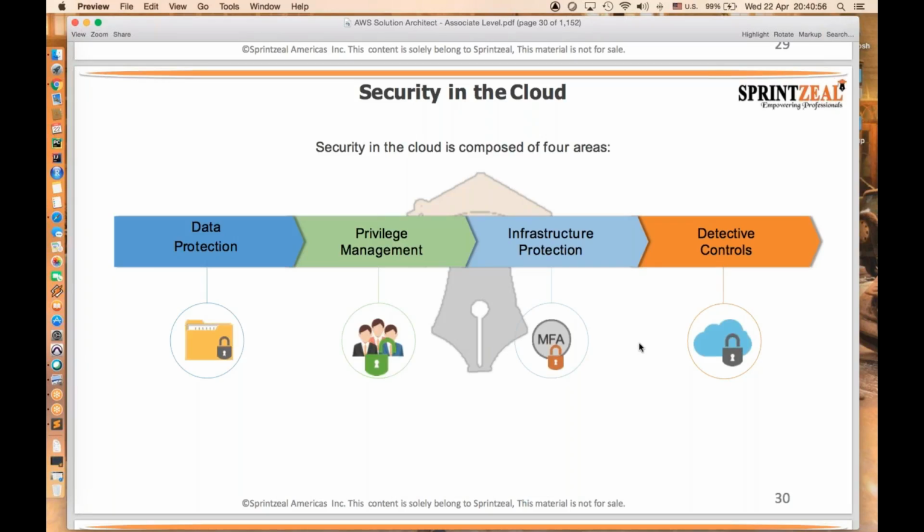And infrastructure protection. When you want to log in to AWS, recently they have come up with multi-factor authentication, where you log in to your system and then enter another code coming from your mobile. It's 2 layers of authentication to protect your infrastructure, a great feature given by AWS. And detective controls, which I'll talk about in the further slides with an example.